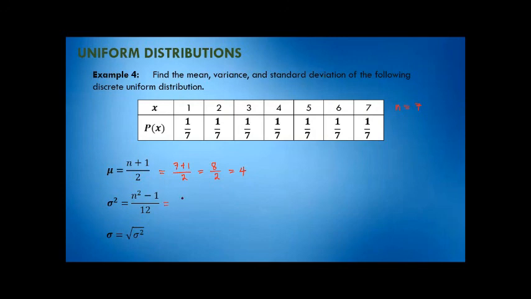For the variance, we have 7 squared minus 1 divided by 12. 7 squared is 49, minus 1 divided by 12. We have 48 divided by 12. 48 divided by 12 is 4. And then, the square root of the variance, which is square root of 4, the answer is 2.